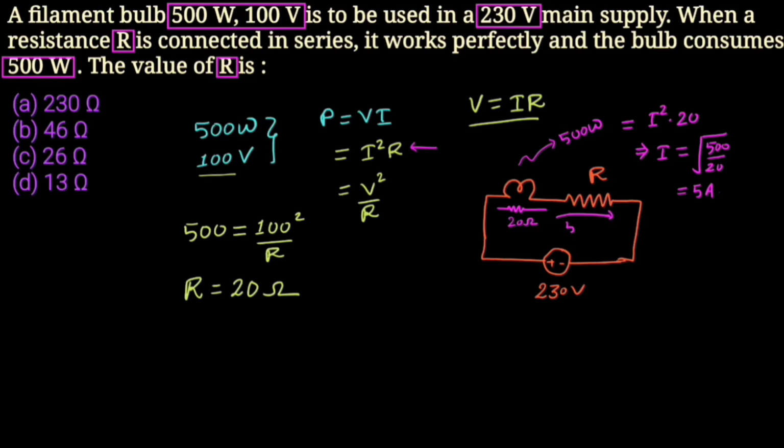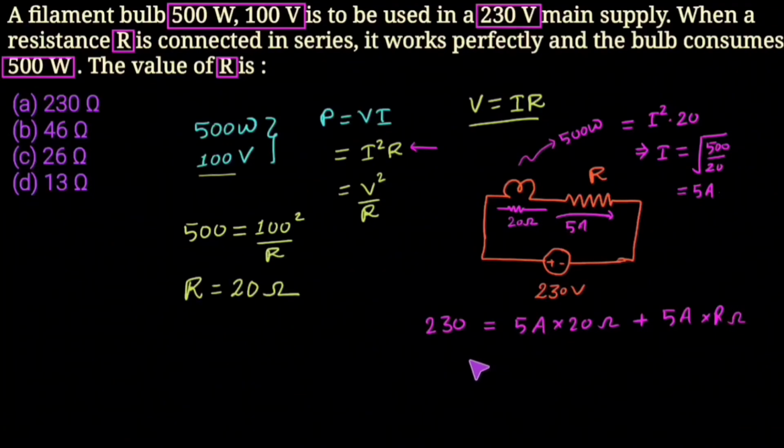If the current is known to us, we can simply apply the Kirchhoff law in this circuit. Moving in a clockwise direction, 230 volt will be equal to 5 ampere into 20 ohm plus 5 ampere into R ohm.